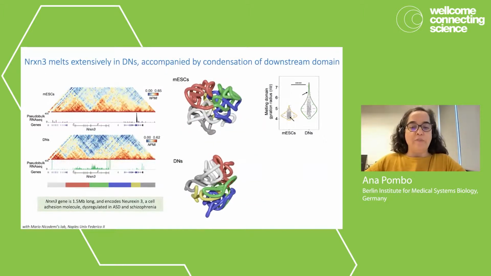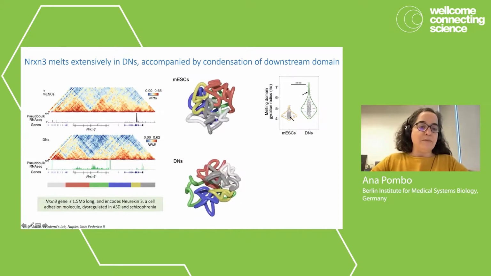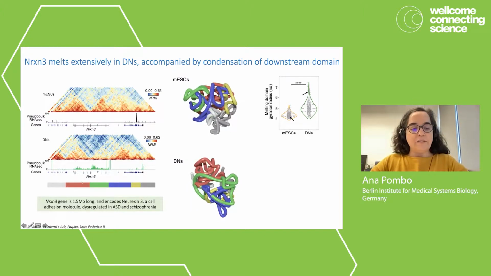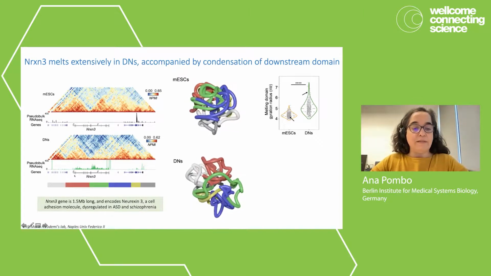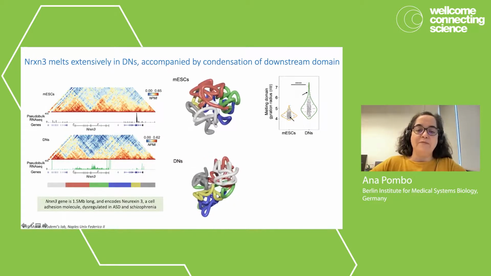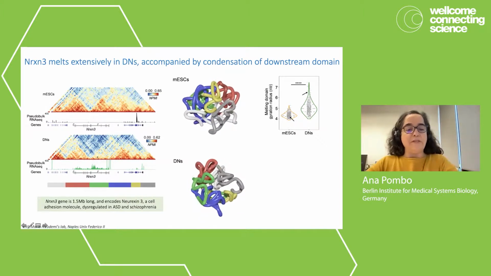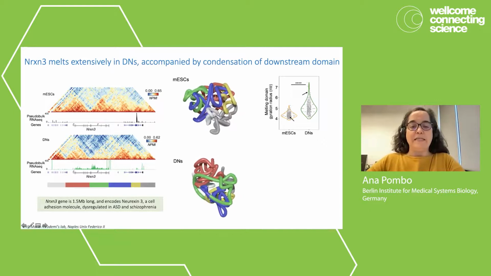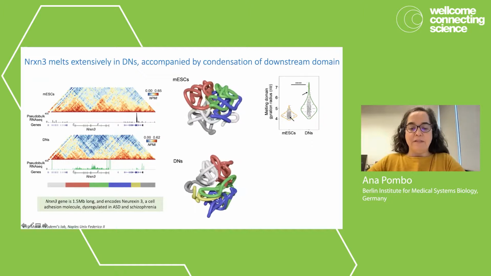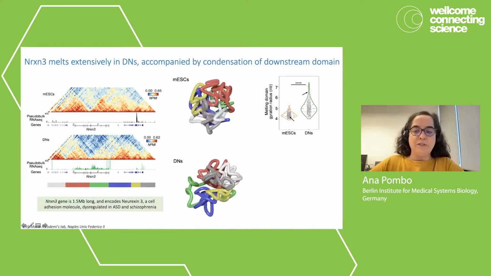Now, we also took another approach, and this was polymer modeling, using now a gene that melts between mouse embryonic stem cells and dopaminergic neurons. You can see here the colors of the legend of the genomic regions. And so you can hopefully see that, for example, this red, and in particular the green domains, are quite condensed in the ES cells, but extensively decondense, looping out in the DNs, where the expression of the gene is most abundant.